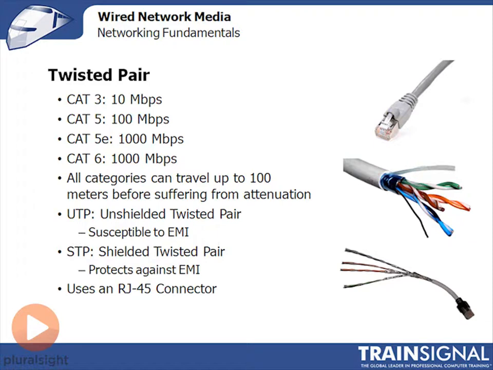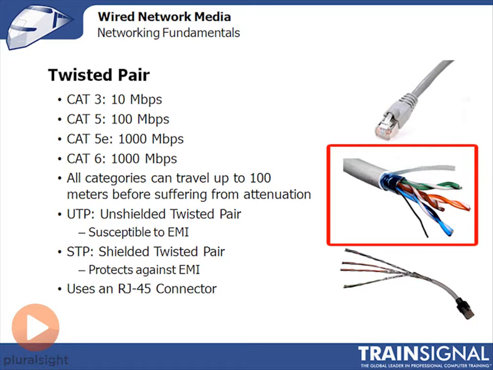Now, if you look on the screen, the middle picture is an example of what unshielded twisted pair looks like if you were to cut open the cable. And by the way, unshielded twisted pair is the most common form of twisted pair cable that's out there. In other words, if you just go to the store and say, I want to buy one of these twisted pair cables, you're going to get unshielded twisted pair.